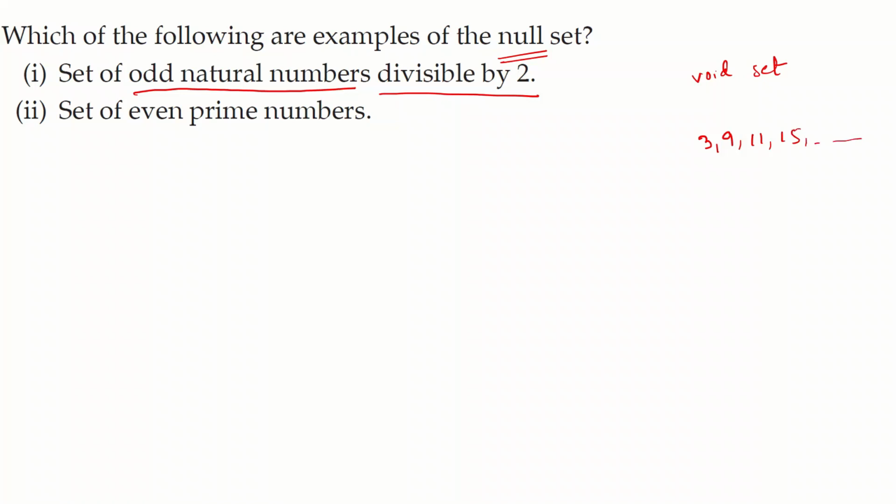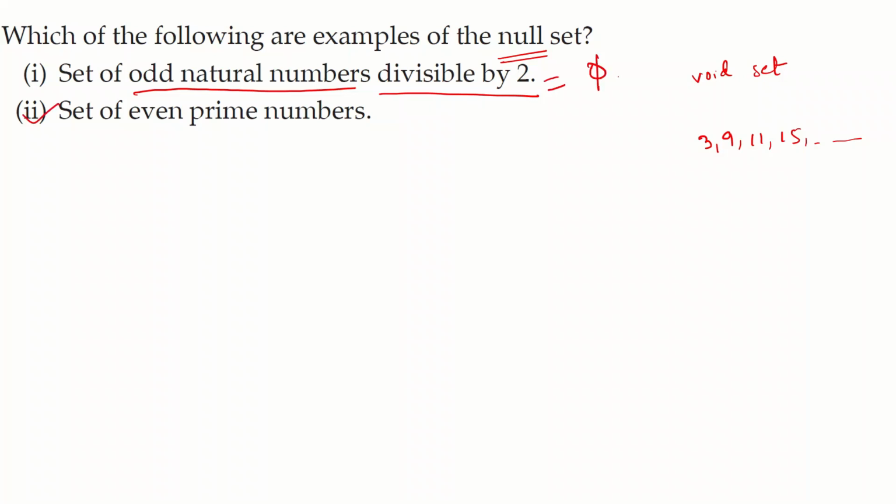Is any of these numbers divisible by 2? Of course not, right? Because if it had been divisible by 2, it would have been an even number, because that's the very definition of an even number. An even number is a number that is divisible by 2. So there is no such odd number that is divisible by 2. So this is actually a void set or an empty set.